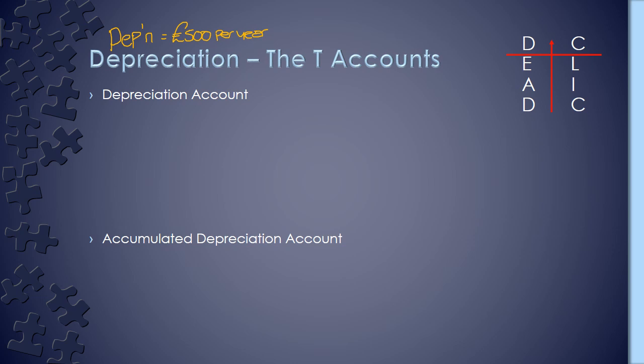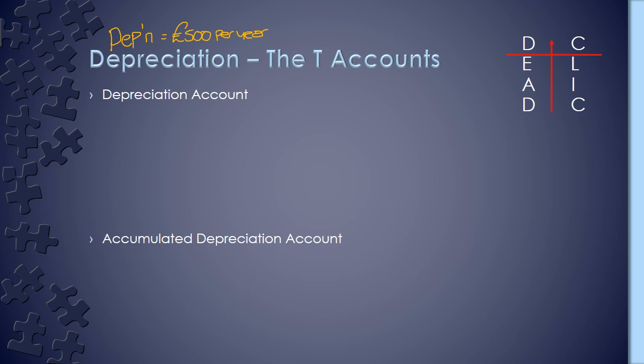So for the depreciation, we need to think about what type of account it is. That depreciation is going to reduce the value of the asset in the accounts, so we need to consider it as an expense account.